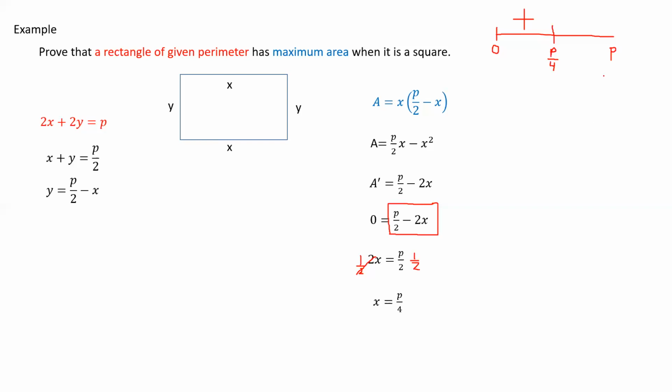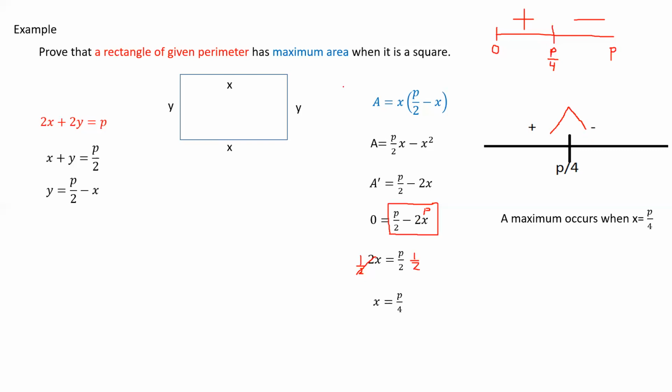So let's put that in. If you put in P, half of P minus 2P, negative. So our plus minus chart looks like this. We're rising on the left and decreasing on the right. So it looks like we have a maximum at P over 4, which is what we were looking for. And we have to prove that it's a square.